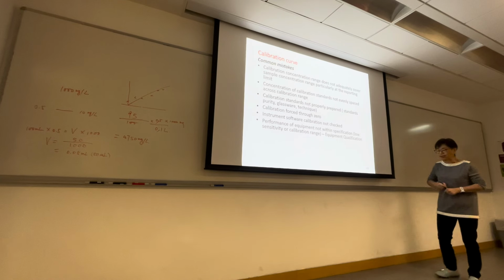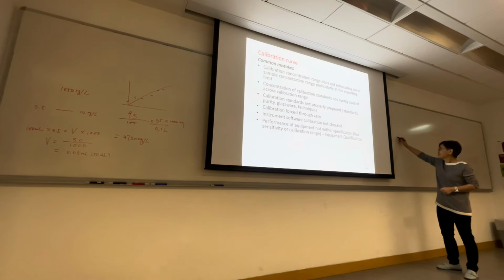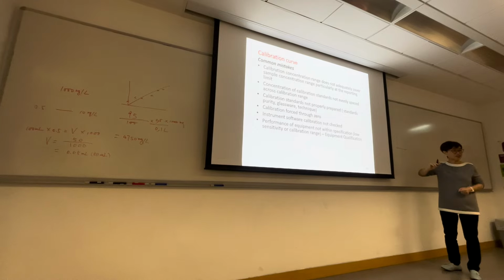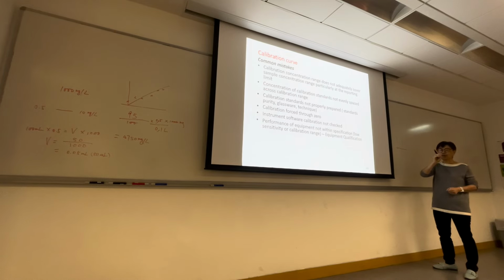So normally you will have the printout including the calibration curve. Okay? And within the calibration curve, it is very small, including the zero, there are 4 points.